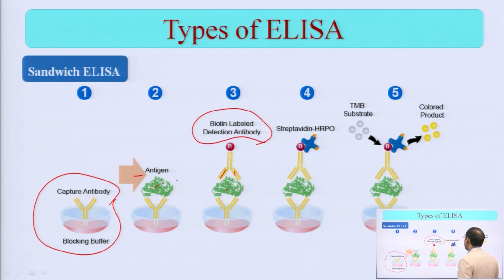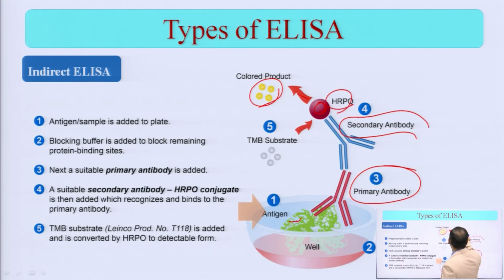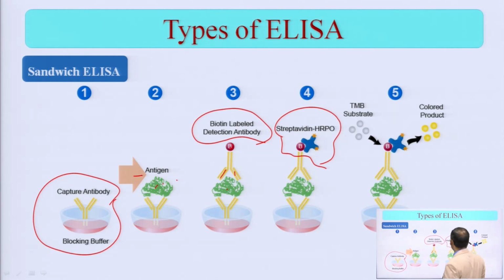Now, what next? The next is streptavidin HRP. You have seen in my previous explanation of indirect ELISA how HRP plays a big role by changing its color. Similarly, here you can see streptavidin HRP, and after that you have added the TMB substrate.